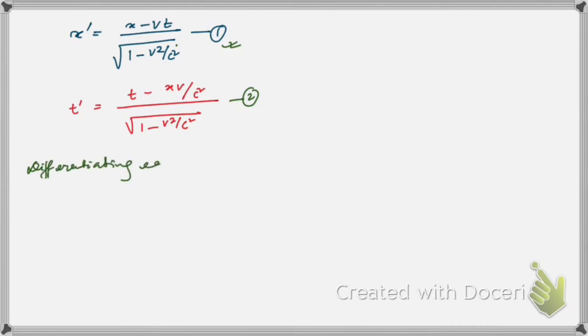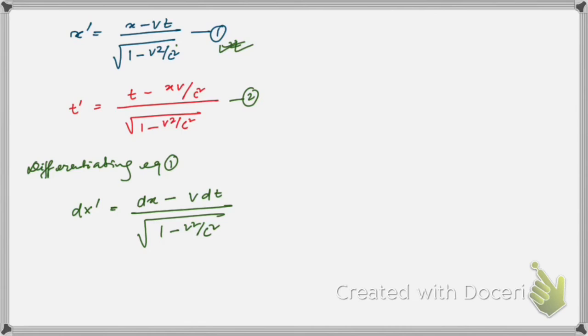Differentiating equation number 1, dx dash will be, and here you will get dx minus v dt. Here v is constant velocity, so if you differentiate you will get this. Then here 1 minus v square by c square, you're going to get the derivative of this first part.